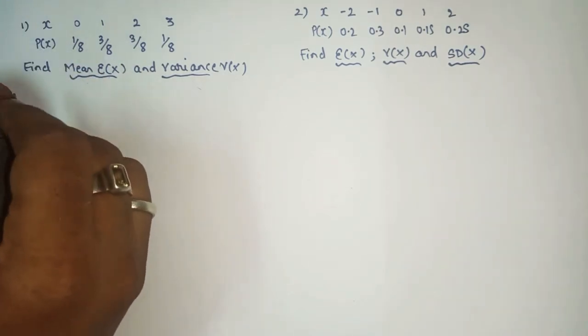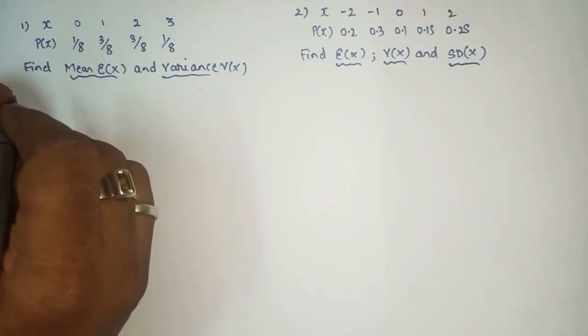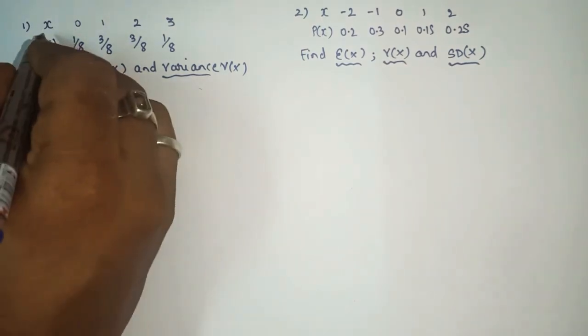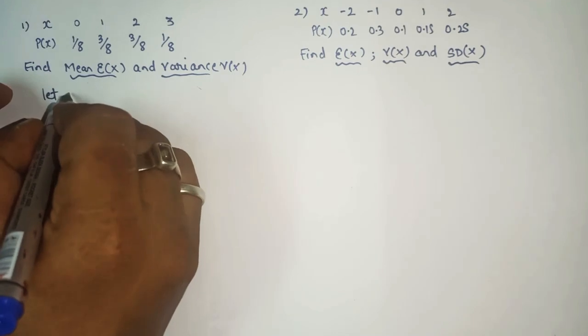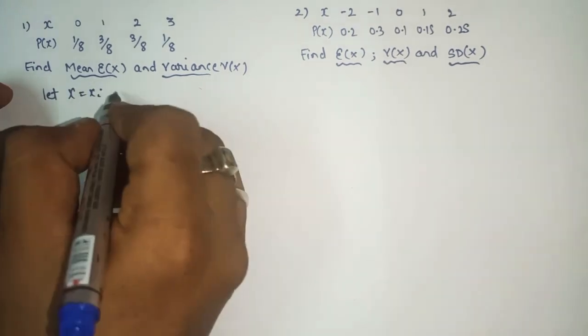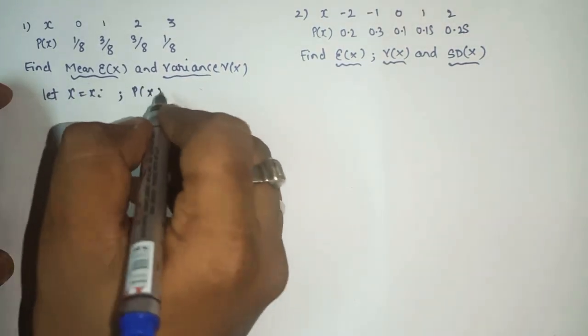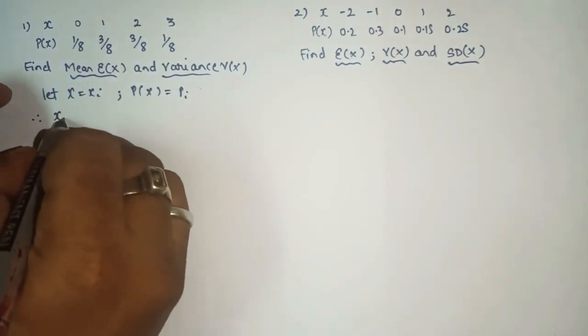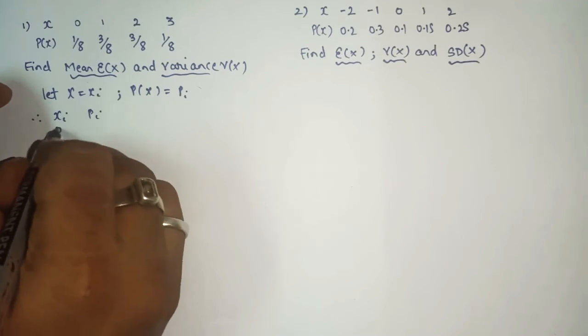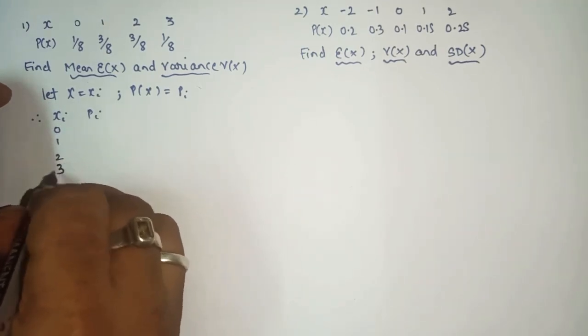Yes sir. Okay, so here we'll write like this. We'll take x as xi and p of x as pi. So therefore xi and pi, here we have 0, 1, 2 and 3.